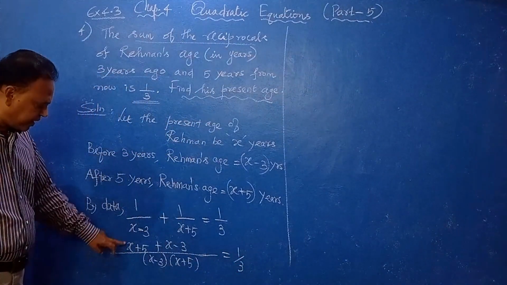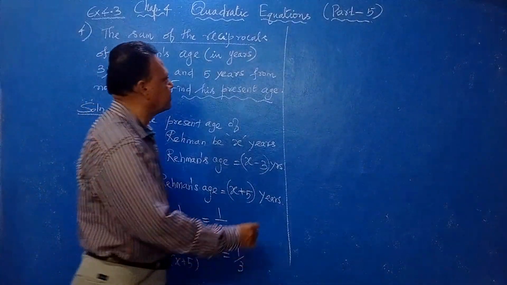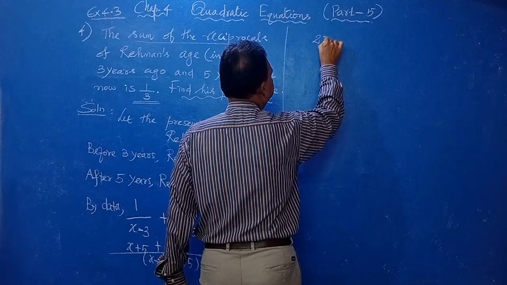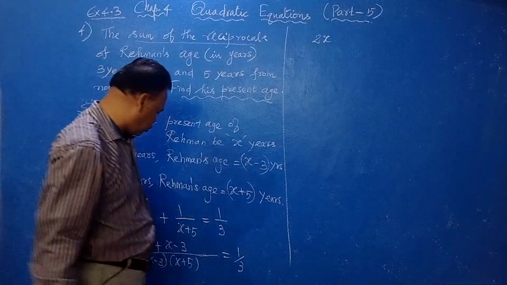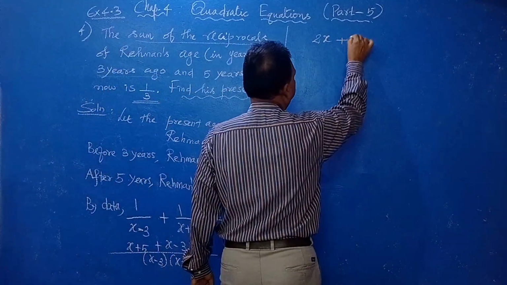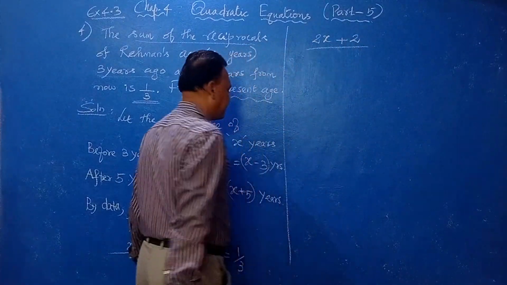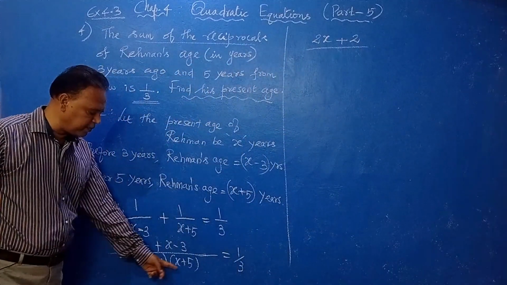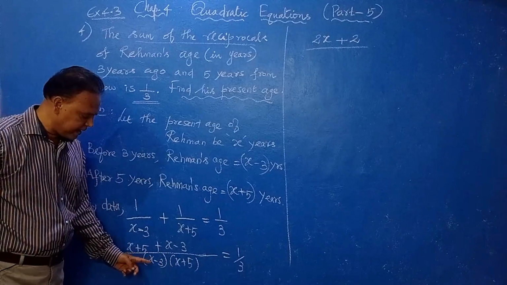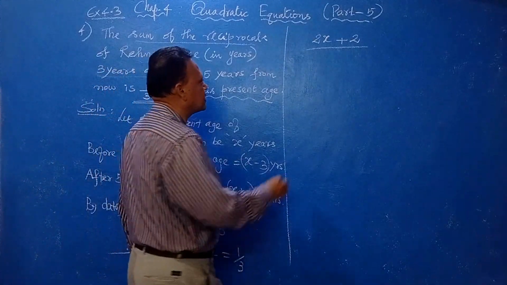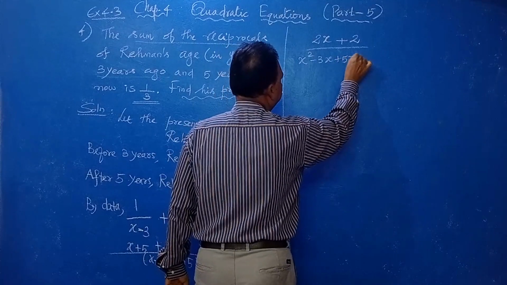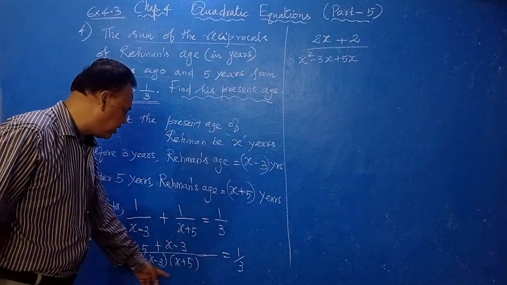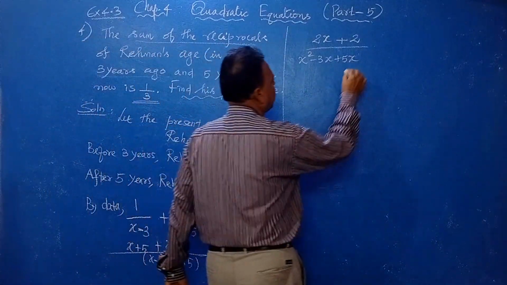Next, simplify. x plus x is 2x, then plus 5 minus 3 is plus 2, divided by the product: x squared minus 3x plus 5x minus 15.